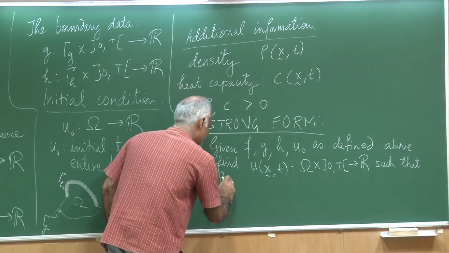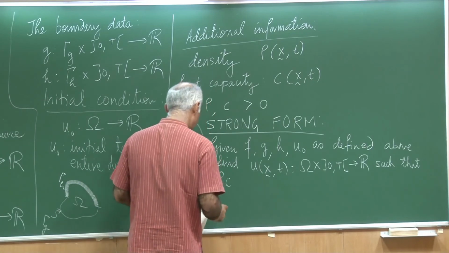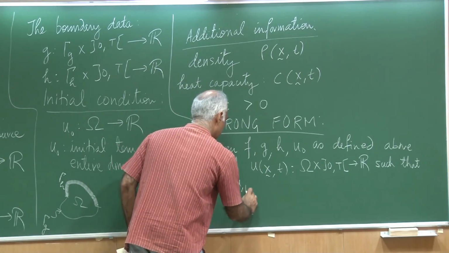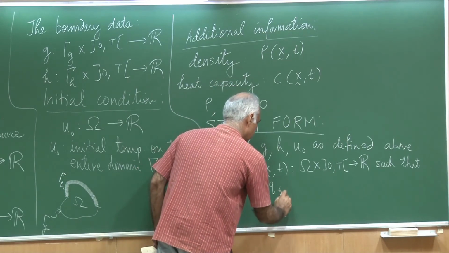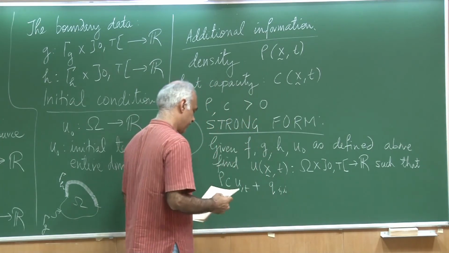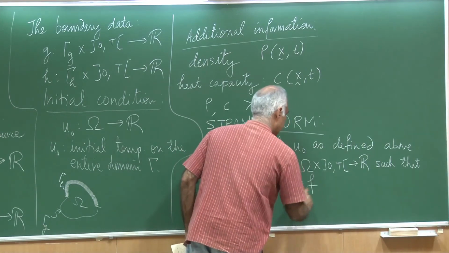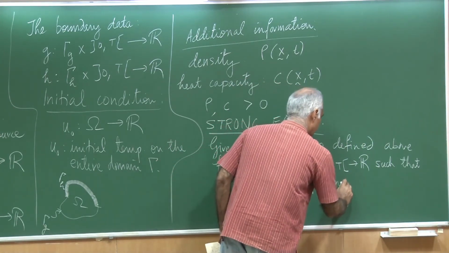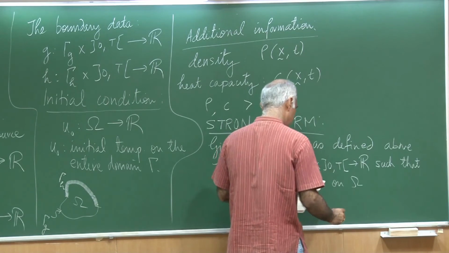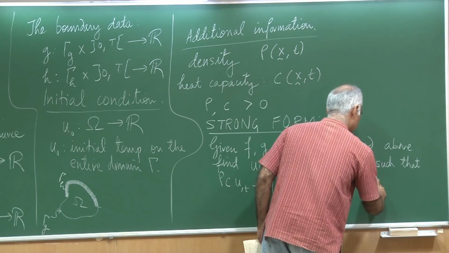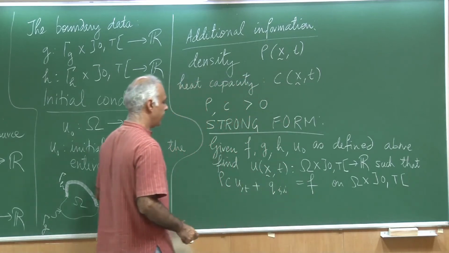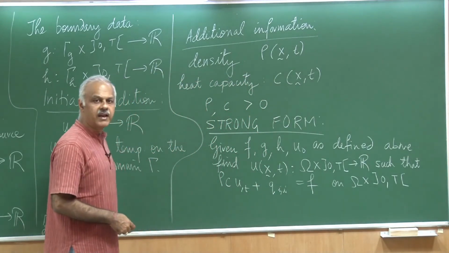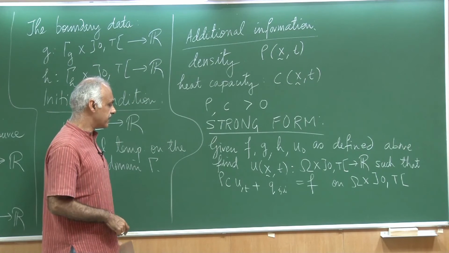The equation is that rho times c times u comma t plus q i comma i is equal to f on omega cross 0 to T. So, this is the governing equation, or as we call it, the unsteady heat equation.